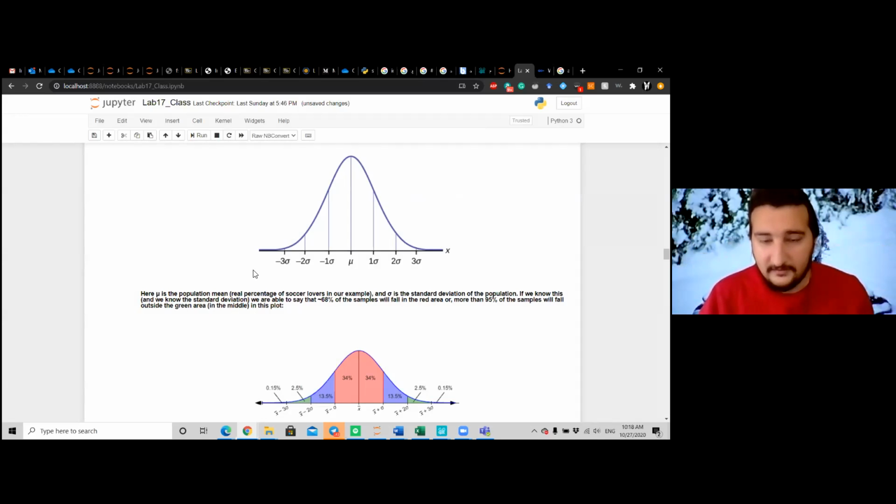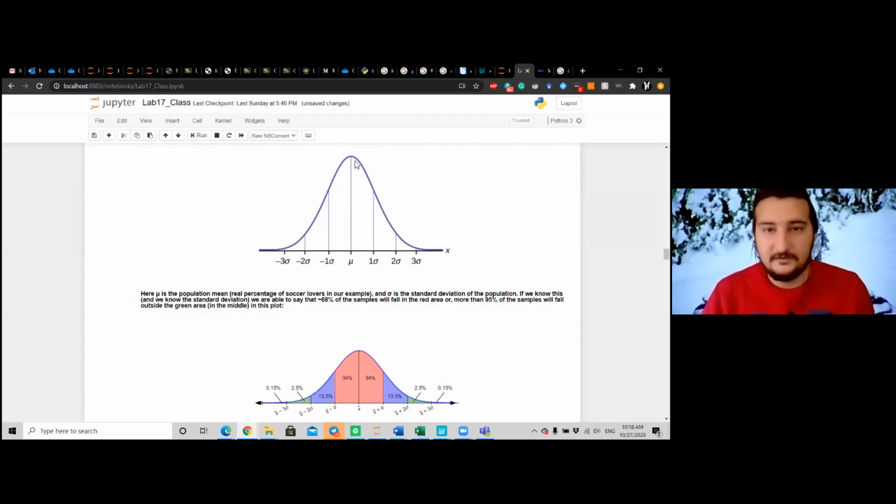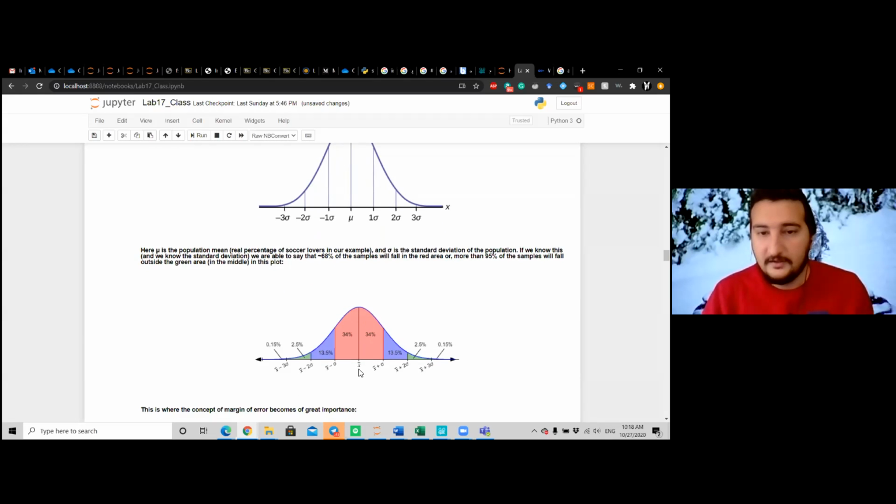So in a normal distribution, we have our central location, our mean, our median, located right in the middle. If we move away from that position with a step equal to 1 standard deviation to the right and to the left, we will be able to capture 68% of our samples within this red area.